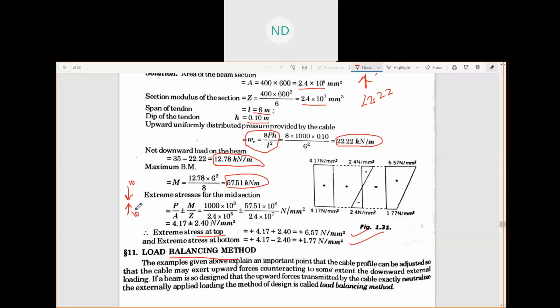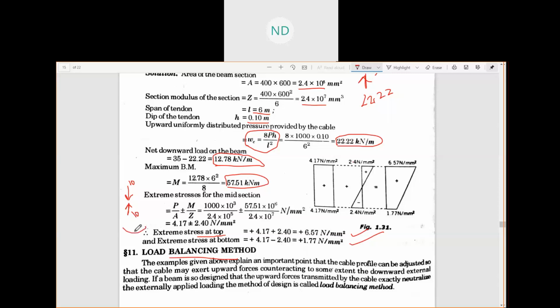So when we want to neutralize completely, we have to ensure that this upward thrust comes to be 10 kilonewton, because you have a downward load of 10 kilonewton and we want our upward thrust also to be 10 kilonewton.